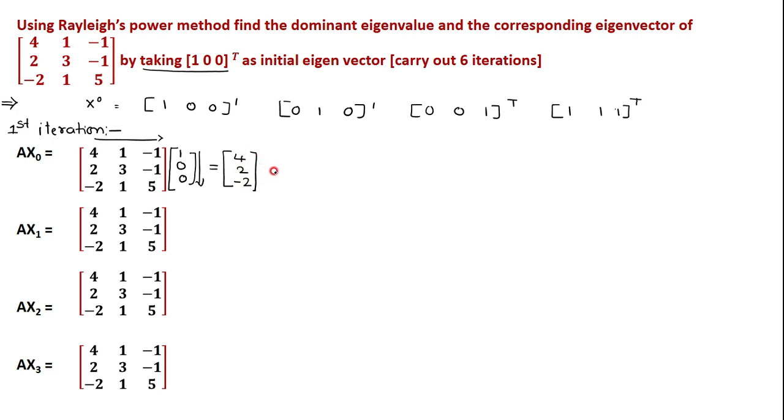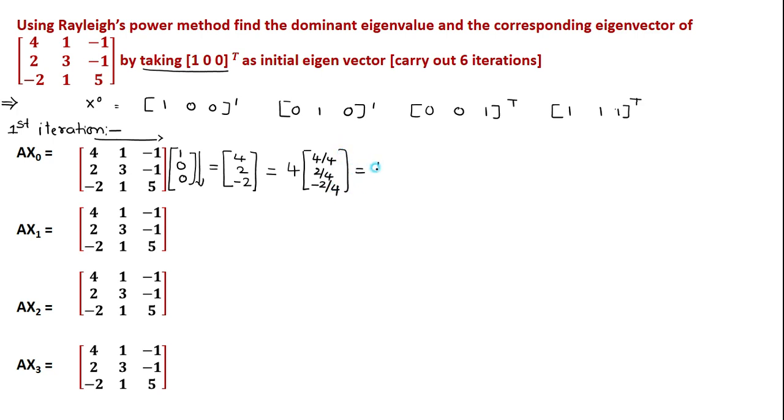Now in this we have to find the numerically largest element as common. Out of these three elements, 4 is the largest element. So we take 4 common and write the remaining elements: 4 by 4, 2 by 4 and minus 2 by 4.